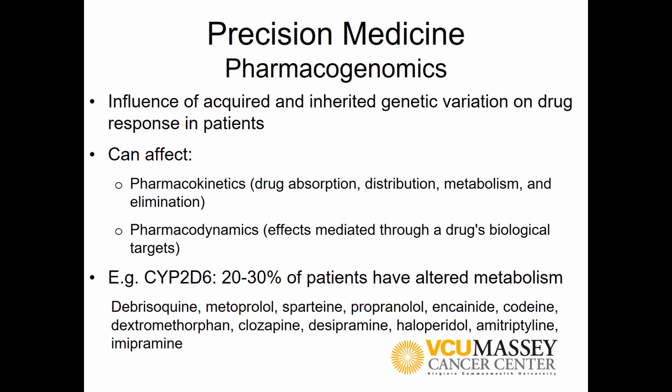There are some other genes that affect other very common drugs. For example, I believe ibuprofen, one of the pain medications, is one of them. What happens with codeine is that it's a pro-drug when you get it in the bottle.